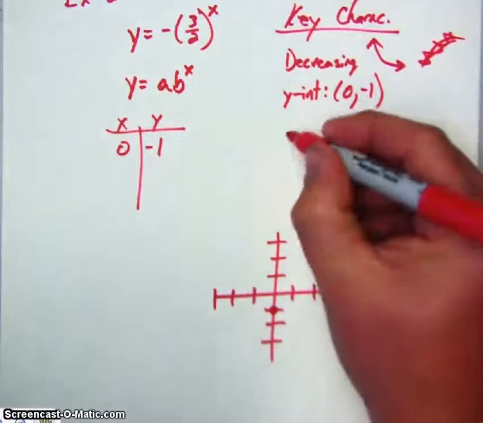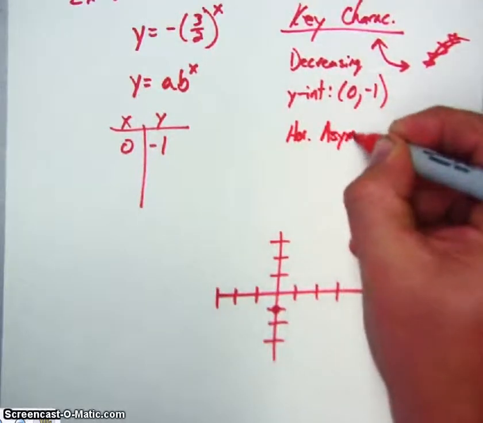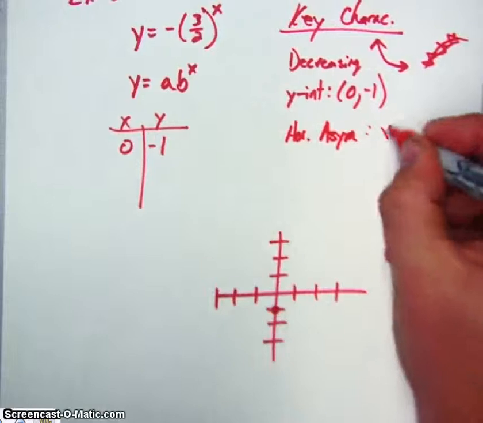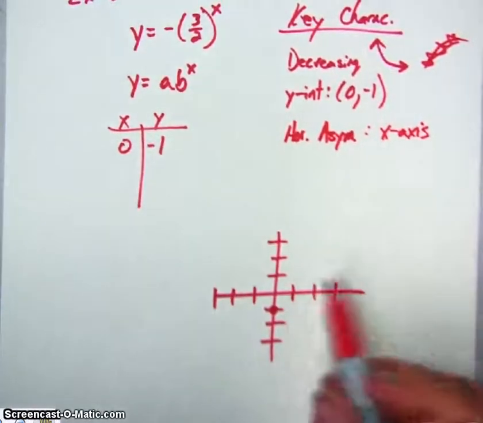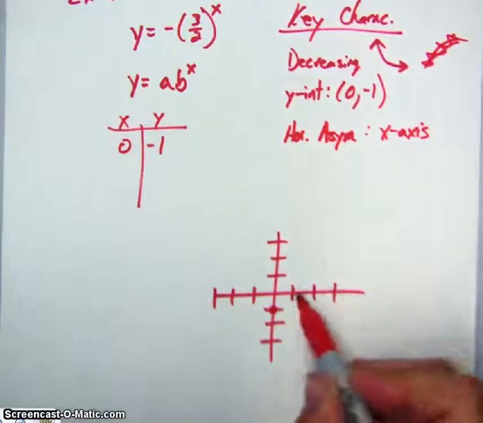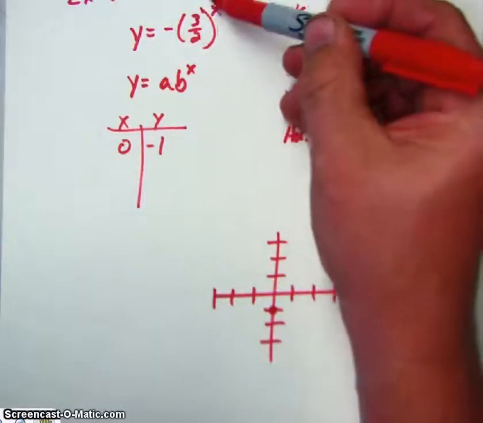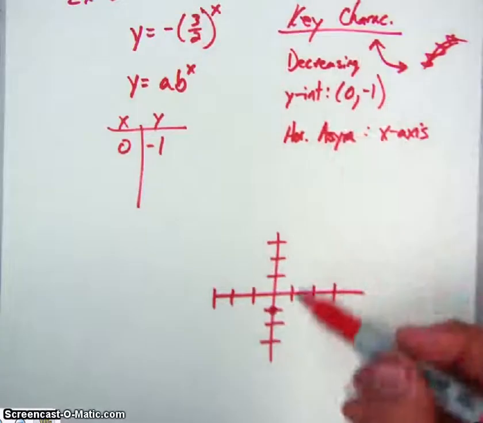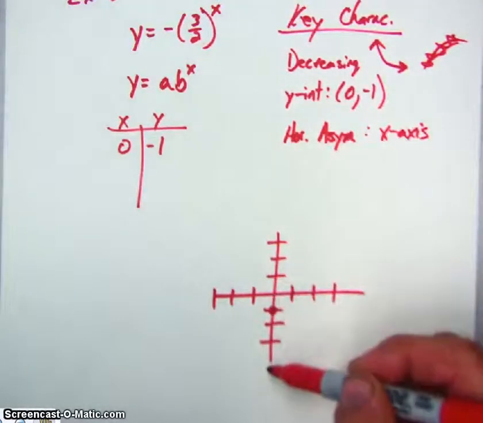Right now, I can tell you what my horizontal asymptote is. It's going to be the x-axis. No matter what value I put in for x, if I put in a positive value, this will always be positive, and then this will make it negative. So it will always stay below the x-axis.